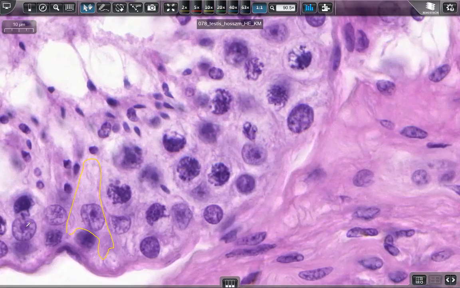The Sertoli cells separate the spermatogonia and early primary spermatocytes from the other developing cell types, the late primary spermatocytes, secondary spermatocytes, and spermatids, the smaller ones, these. And we call this kind of separation the blood-testis barrier. This is the blood-testis barrier.